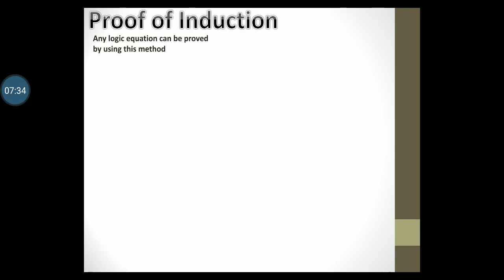Now remember that from the initial introduction to Boolean algebra, I mentioned the term proof of induction. This means that any logic equation or logic function can be written in Boolean algebra and can be proved using this method. In other words, we make use of a truth table.